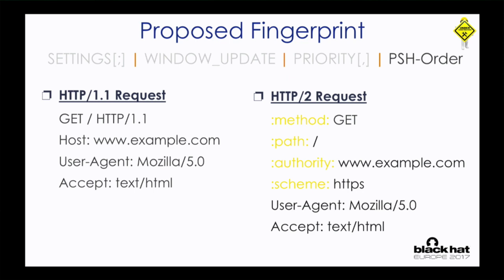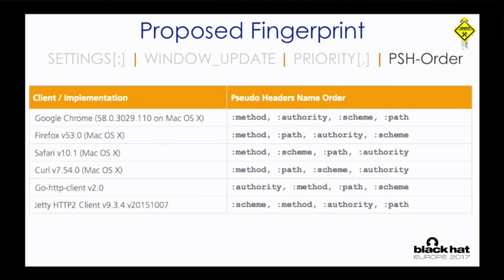So what was interesting about these headers, and of course from the client perspective, we are only interested in the request pseudo headers, is that if you look at different clients, each of them sends those headers in a different order. Like Chrome would send method, authority, scheme, and path, whereas Safari would do method, scheme, path, and authority.